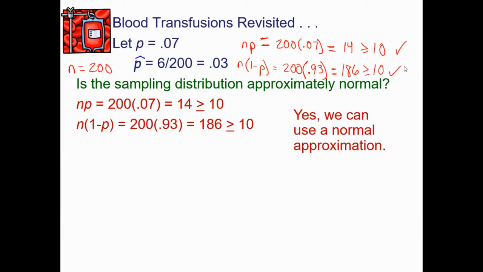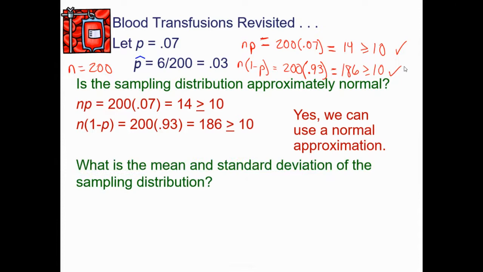So now that we know we can assume normality, we need to figure out what our mean and standard deviation are going to be. That's where our rules 1 and 2 come in. If you remember rule 1, we said that the mean is equal to our population proportion. So the mean is equal to p. What is p? 0.07.